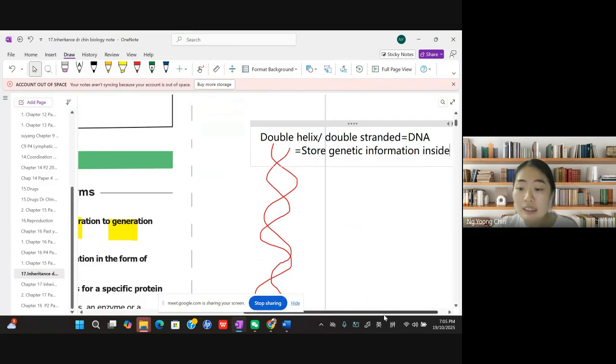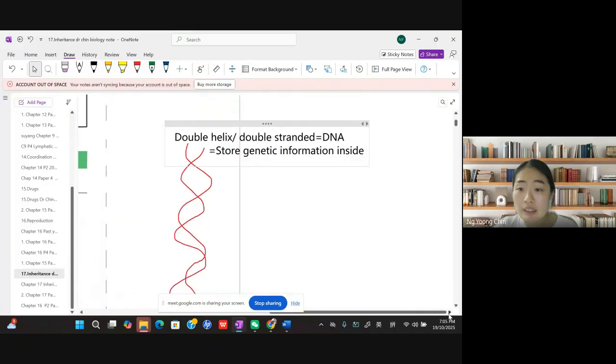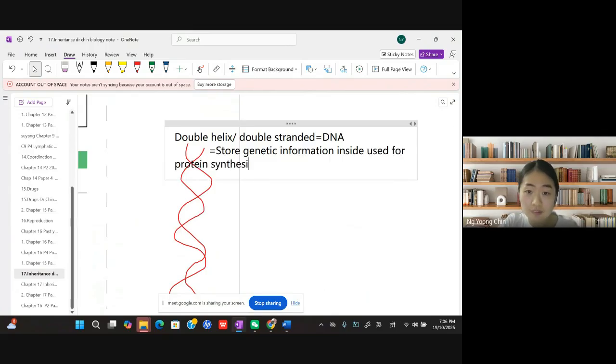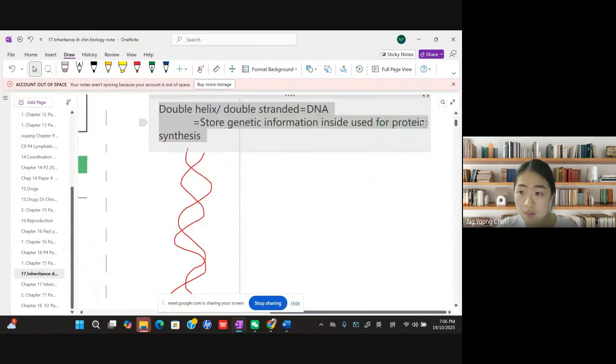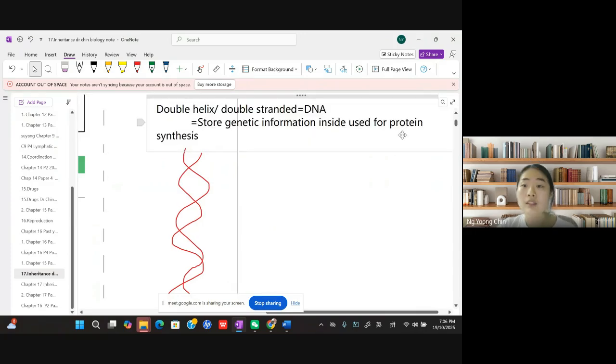It refers to information that can help to produce proteins later, used for protein synthesis. So this is the function of the DNA. Okay, I put it here. Yeah, used to synthesize the proteins, right?